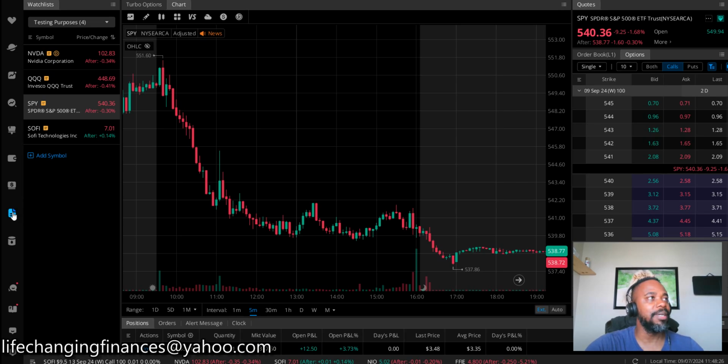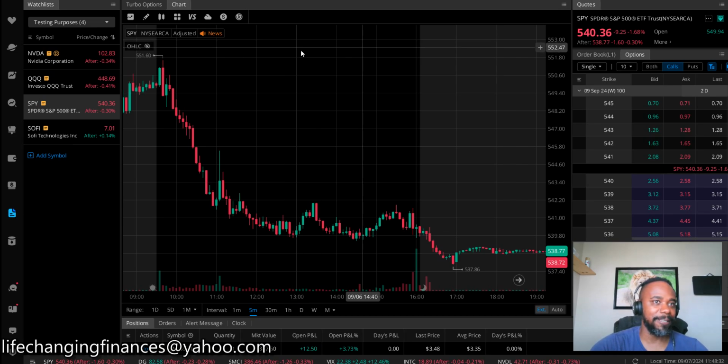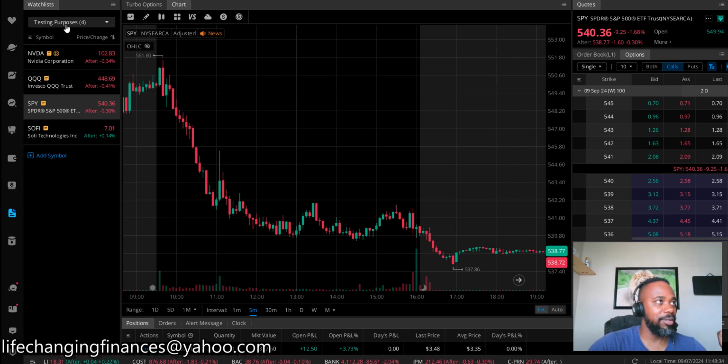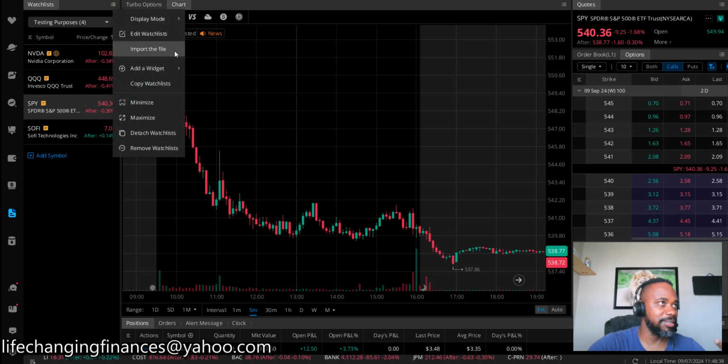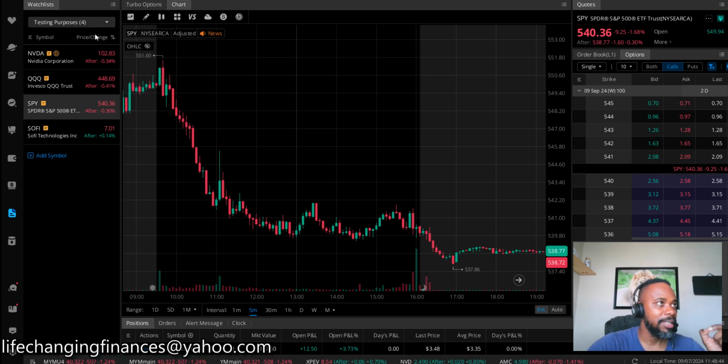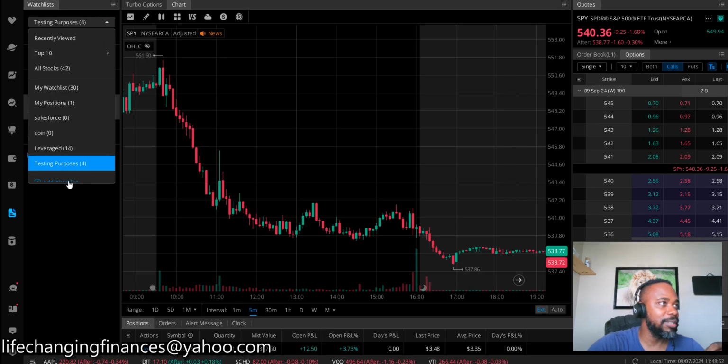Now, when you open up the options chain, the options profile, it's going to look something like this. Okay. Now, you'll notice you'll have maybe a watch list here. There's other different options you can choose, but by default, I believe it's going to be a watch list. Now, your watch list is easy to set up. So what you would do is you would click the down arrow and then you would click where it says add watch list.